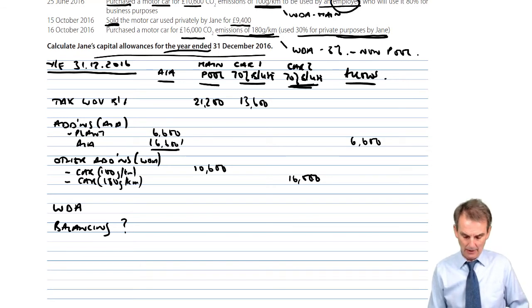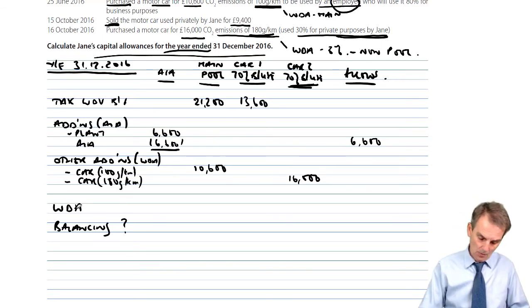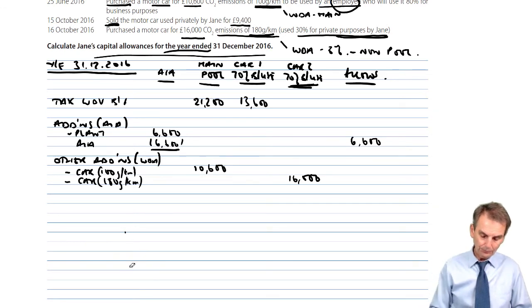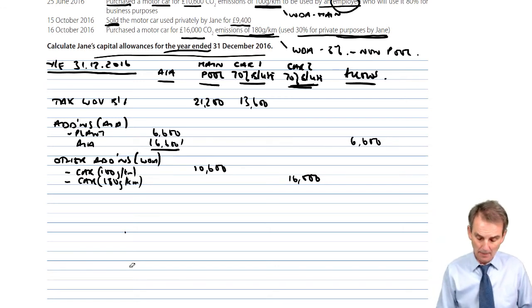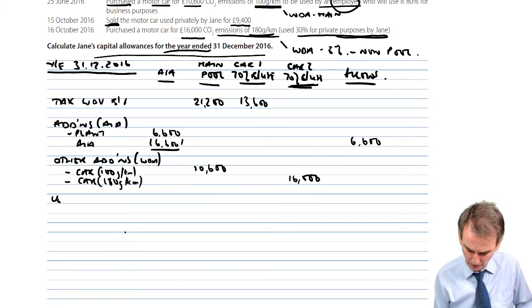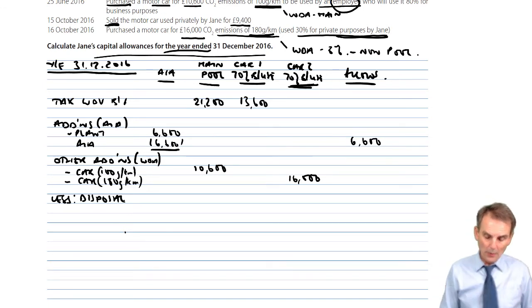Anything that was attracting AIA, we've claimed that AIA. What we've then got to do, of course, before we can calculate our figure of writing down allowance and any balancing adjustment, is deal with the disposal. So less the disposal. What were we told in relation to that disposal?